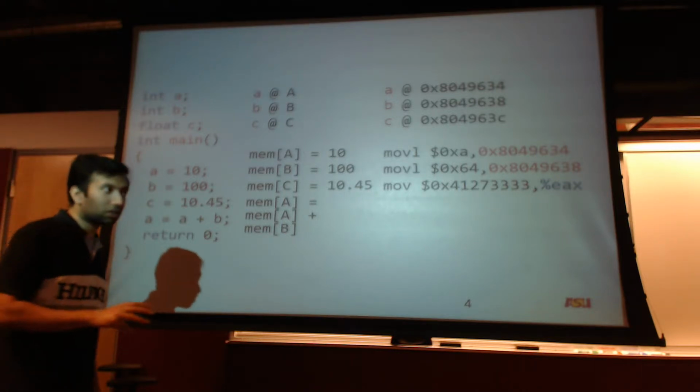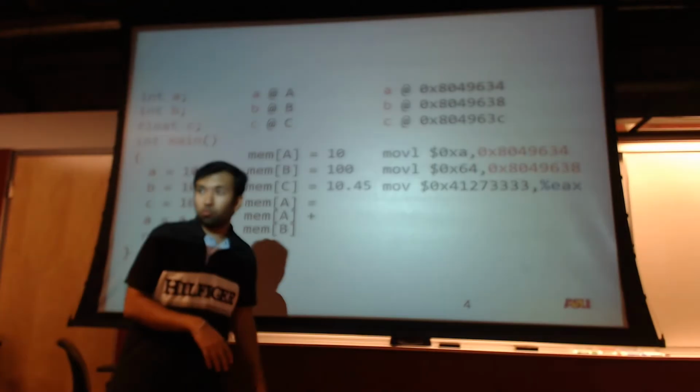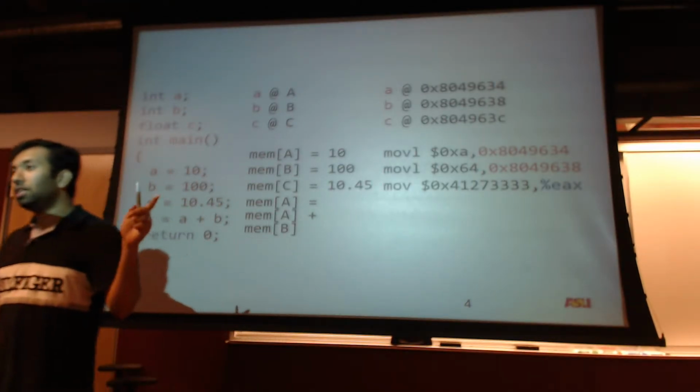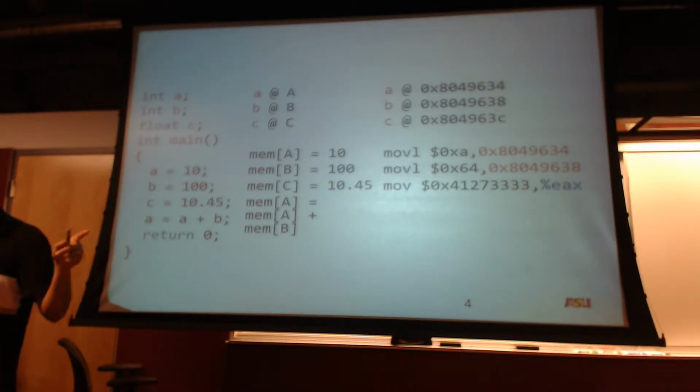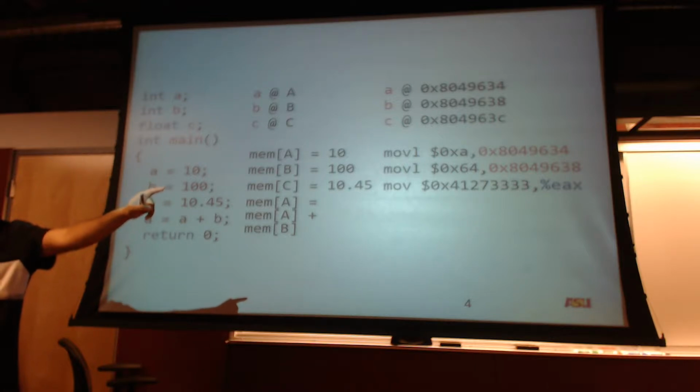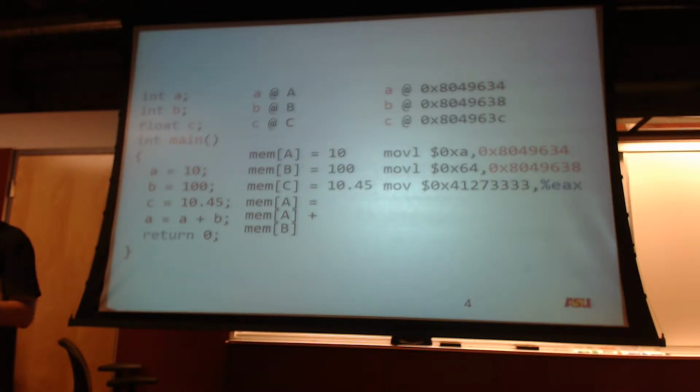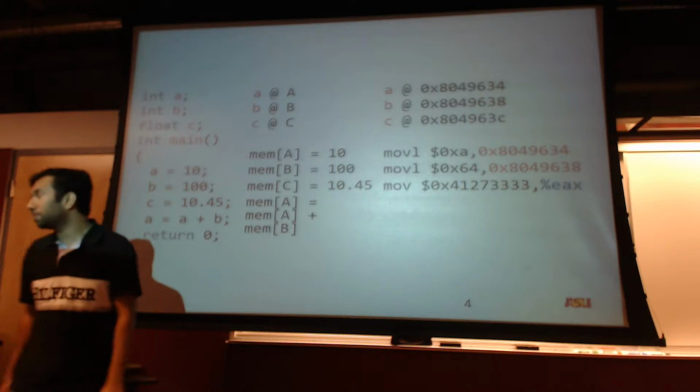So what you are doing is you are taking that float value and putting it into the EAX register. That EAX is the CPU register. It's not a memory location. It is a register inside the processor, inside the CPU. So you first put that weird number, the IEEE representation of 10.45, into the EAX CPU register.